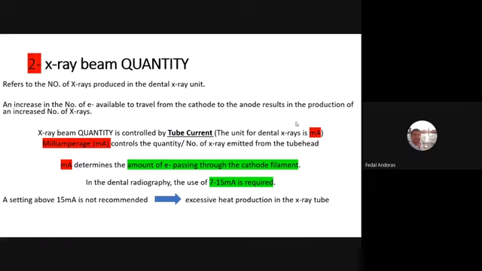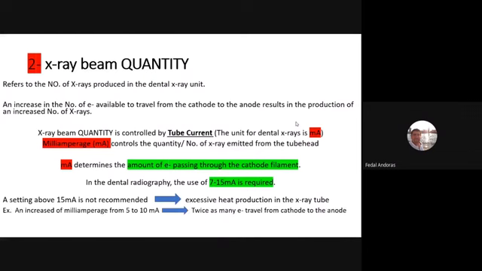So over 15 mA, the number of electrons available from the cathode to anode will increase, so the number of electrons hitting the target will increase. Consequently, heat generation will be too much. So the copper and the insulating oil cannot cool it. So there will be overproduction of heat, and the device will be damaged.